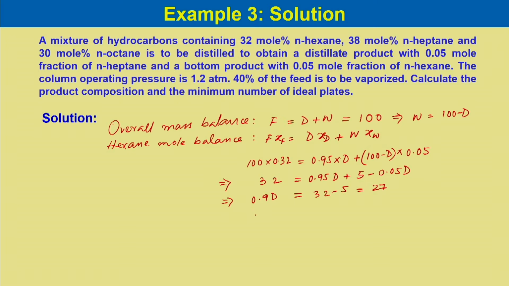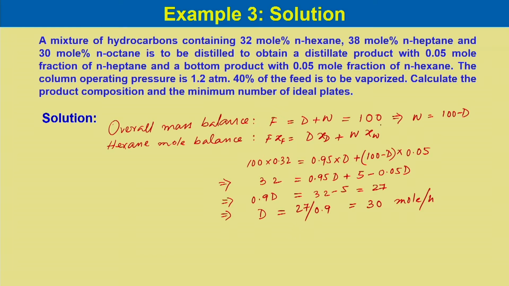So, D would be equal to 27 divided by 0.9, which is equal to 30 mole per hour.